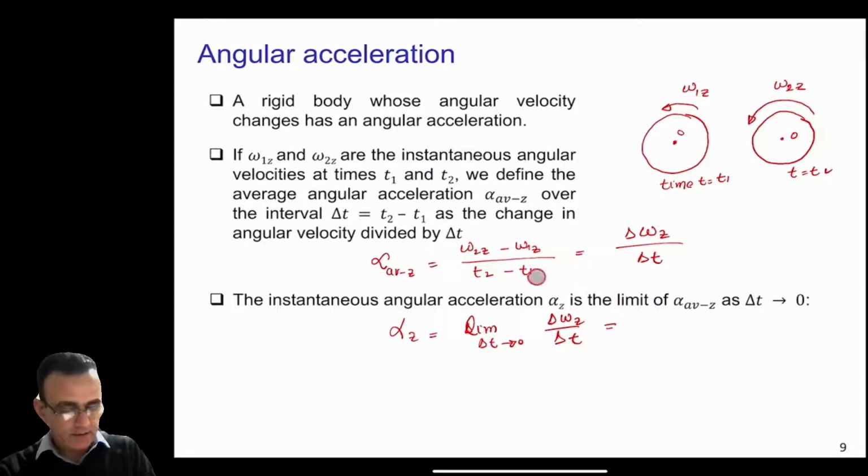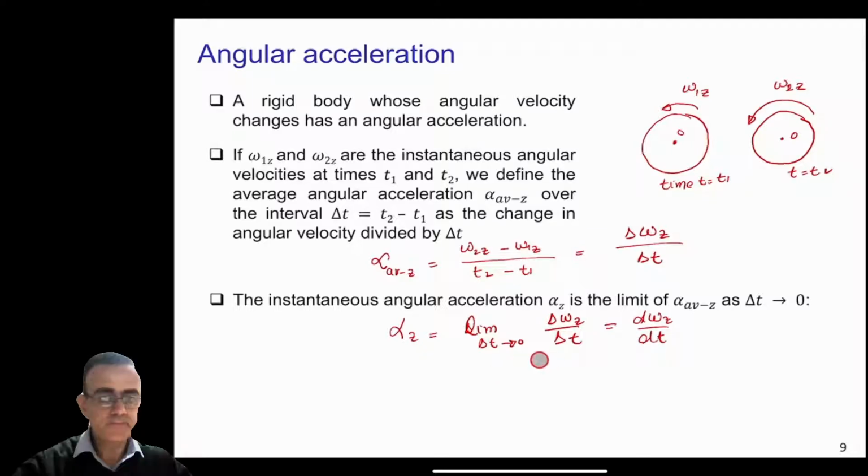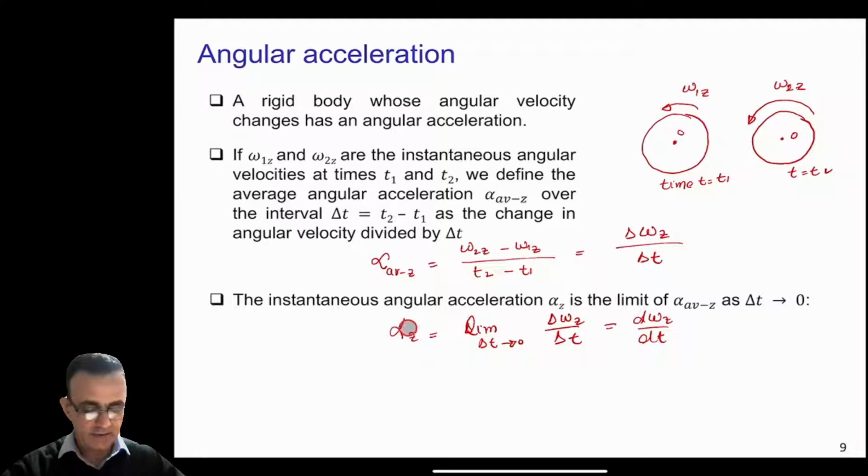And again, this is the definition of the derivative, which is d omega z divided by dt. So we can write the instantaneous angular acceleration as just the derivative of omega z with respect to time.